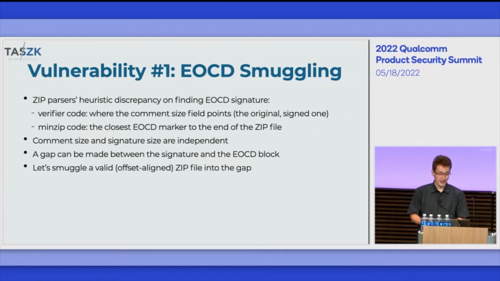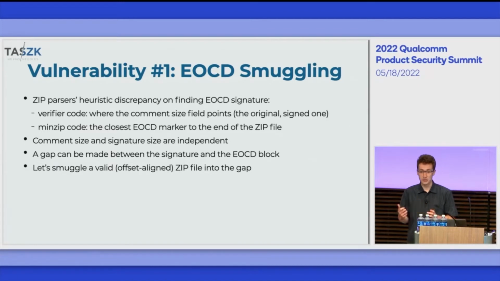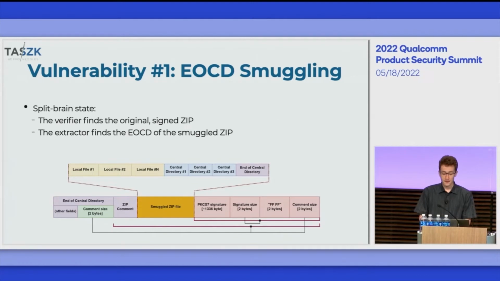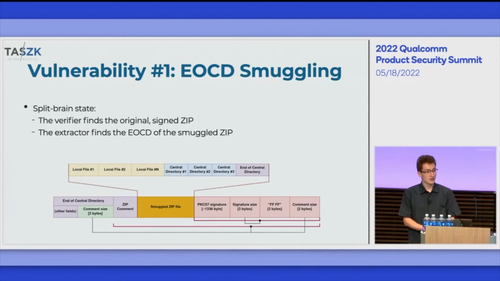So the signature size or the signature position is not strictly defined by this Android-specific footer. A gap can be made between the end of the zip file and the beginning of this signature. This distance can be enlarged. So what if we smuggle a zip file into this gap?